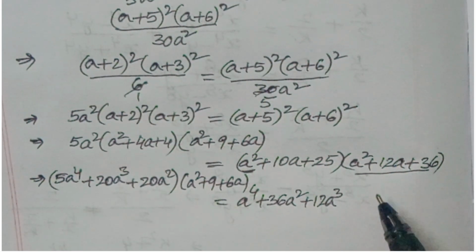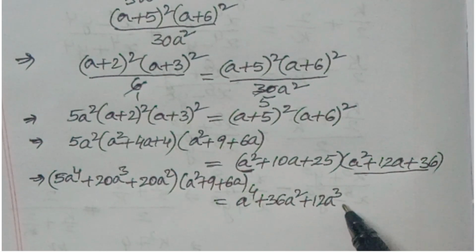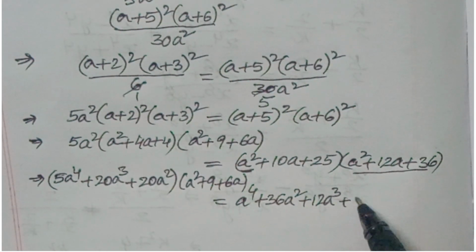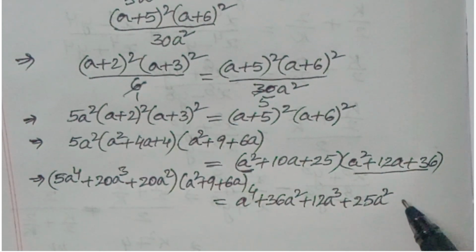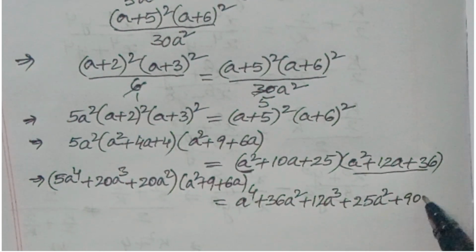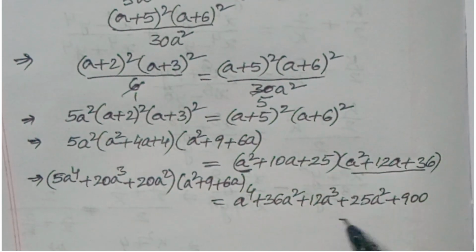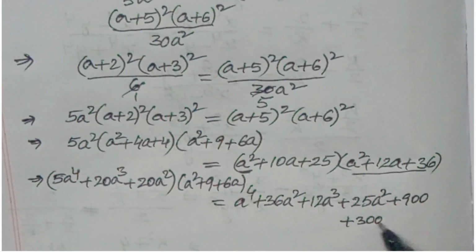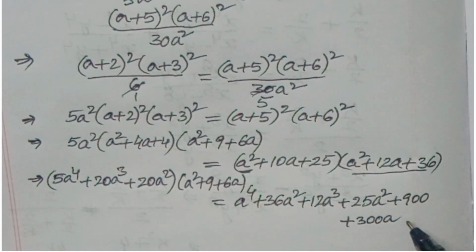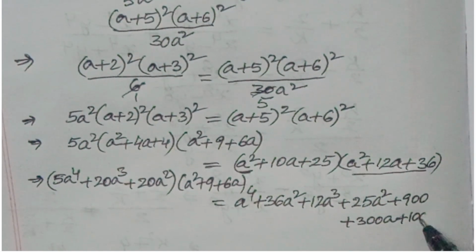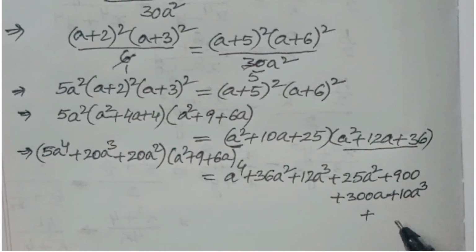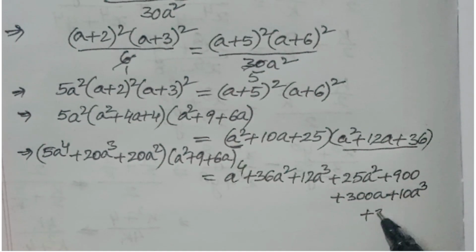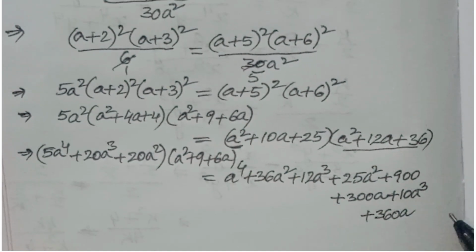a^4 + 36a^2 + 12a^3 + 25a^2 + 900 + 300a + 10a^3 + 360a + 120a^2.